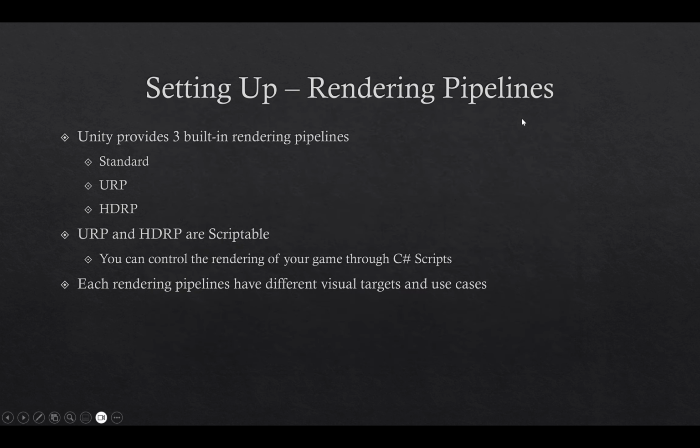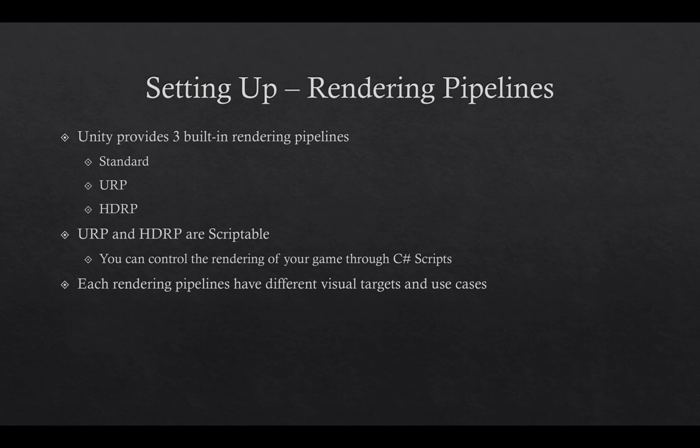So the differences between URP and HDRP is that Unity right now provides 3 built-in rendering pipelines. The first one is the standard one, which does not have a URP or HDRP. This is what we have been using last semester in 2D games. We didn't use URP. URP stands for Universal Render Pipeline, and HDRP stands for High Definition Rendering Pipeline. URP and HDRP are scriptable.